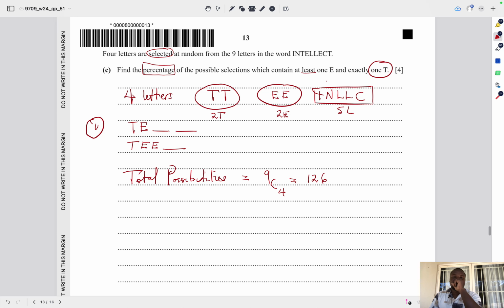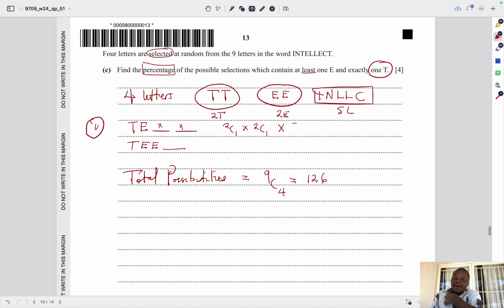Okay, so here let's just go into this and look at what we are doing. Where we've got exactly 1 T, that means we are doing a 2 choose 1, times where we've got 1 E out of 2 E's, we are doing a 2 choose 1. Then times, we've got 2 spaces, to be filled up by any other letter from the 5.